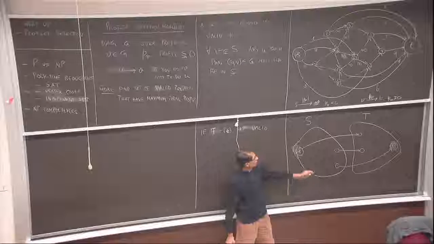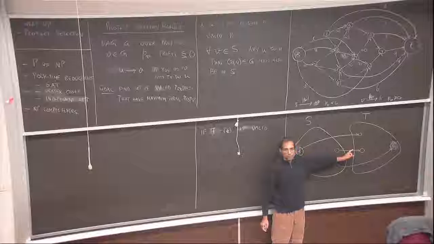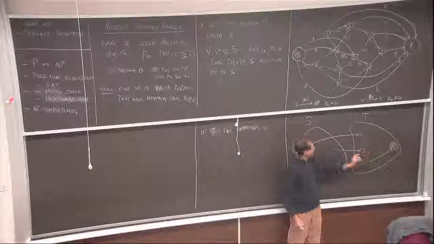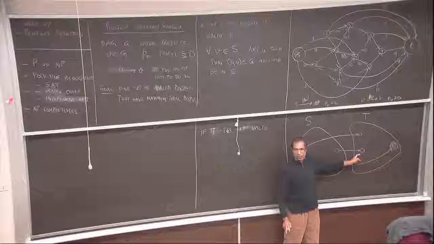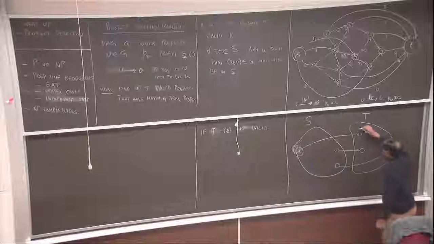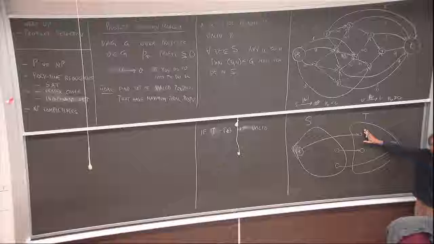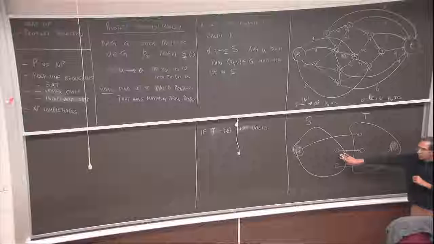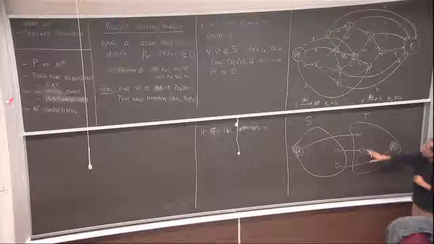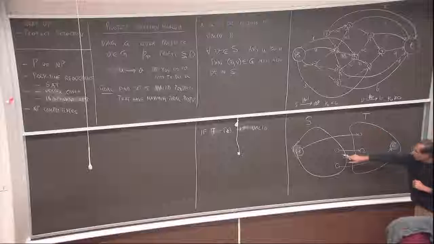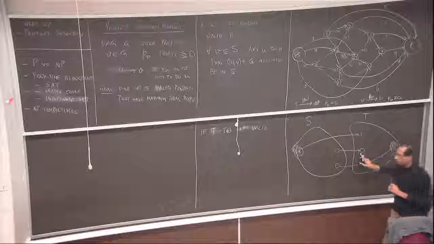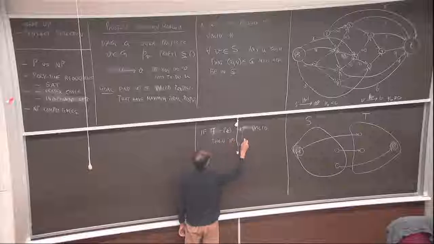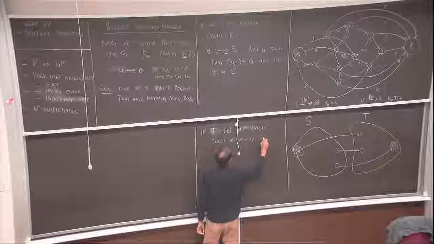What can you say about these edges? There can be no edge going from here to here. That's a very crucial point. If the set of projects here is valid, that means any dependency a project has is already inside. There is nothing here that has an edge going out. So if this set of projects is valid, then there will be no edge going in. If S minus s is valid, then no infinite capacity edge crosses the cut.